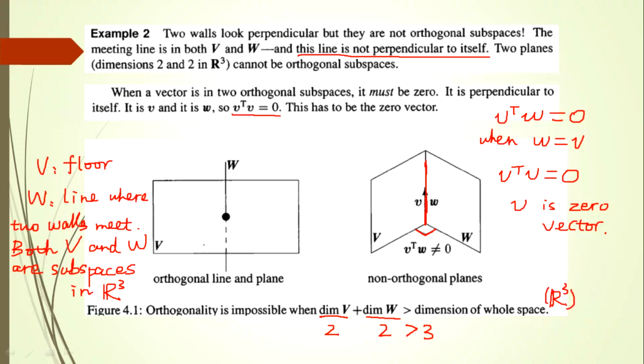We are talking about the examples of walls in our room, right? We're living in a 3-dimensional space. So it's impossible, right? The orthogonality is impossible if the sum of the dimensions of two subspaces is greater than the dimension of the whole space R3.